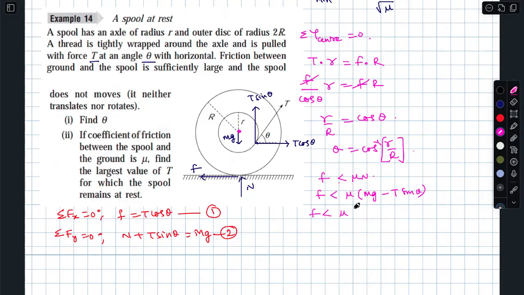F less than mu mg minus T can be written as F by cos theta. This is F tan theta. Right. అయిపోయిన question. F times 1 plus mu tan theta less than mu mg.